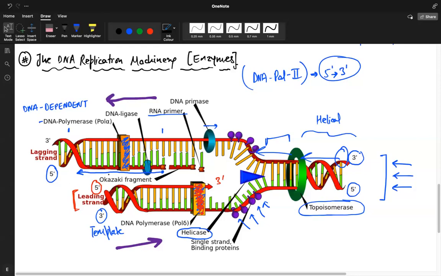Okay, so write down. Did you write about the directionality of DNA-dependent DNA polymerase? People, yes, no? Are you there? Okay, so write down.